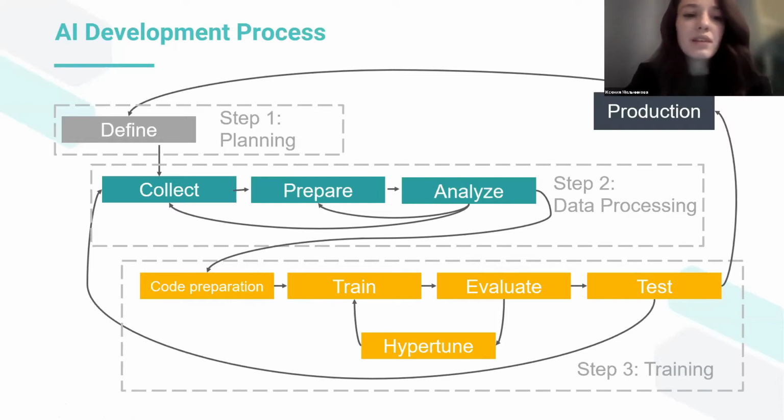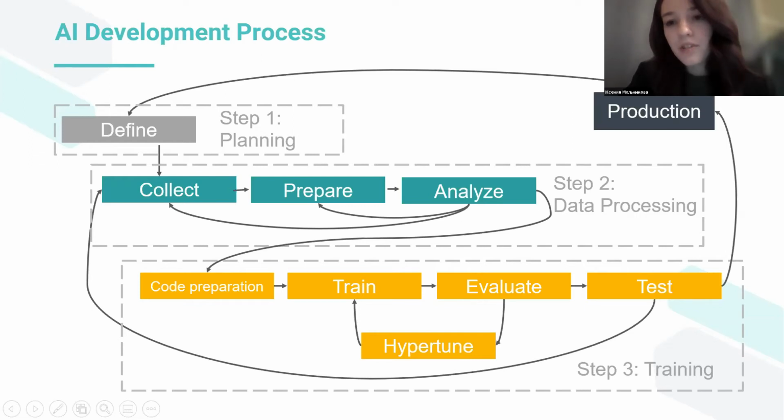Maybe we decide the neural network architecture, prepare the code, then we train our model, then we evaluate the model, hypertune. There are other cycles here, and here you can have like 1 million cycles. There are no limitations to these cycles. And then you have to test your model and see if, for example, your scores and metrics are okay. You can go to production, and if not, maybe you have to work more with the data.